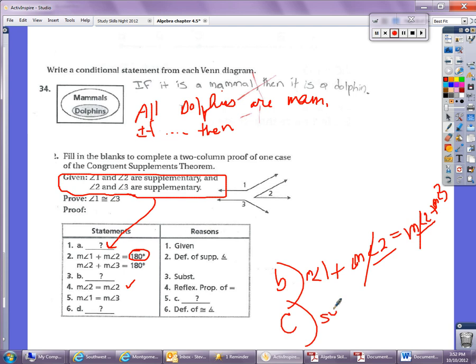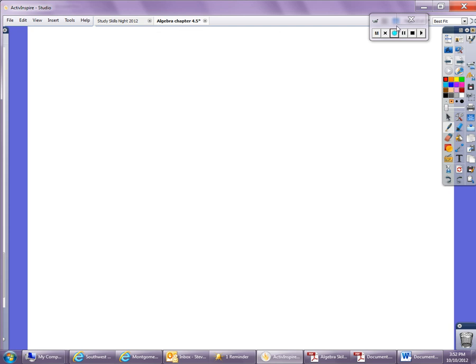So that would be the subtraction property, because you subtracted 2 from both sides, property of equality. And the last one is, well, whatever you're trying to prove is always the last line, the last statement. So after you said angle 1 is equal to angle 3, you would say angle 1 is congruent to angle 3. Even if you didn't know anything else, you know that the last line is always what you're trying to prove. And that is the quiz.